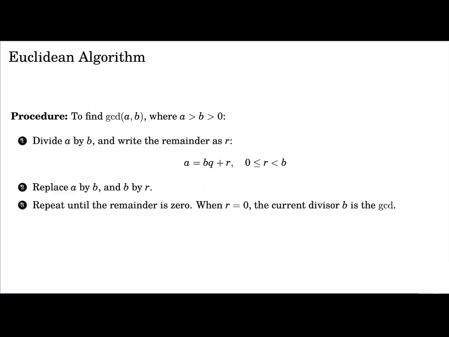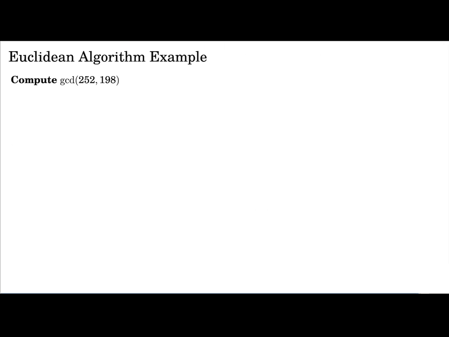So let's say we want to compute the GCD of 252 and 198. The way it works is you first take the largest number and divide it by the smaller one. So 252 divided by 198 is 198 times 1 plus 54. Let's write the step here on the left.